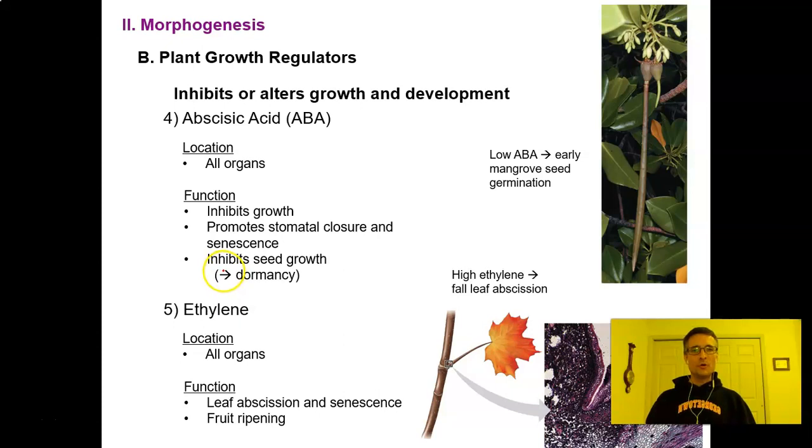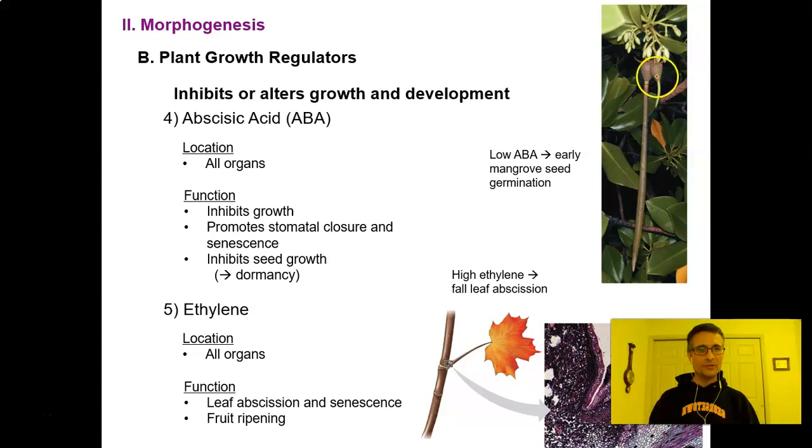An example of what this might look like in reverse, when we have low concentrations of abscisic acid, can be seen in mangrove seeds. Mangroves are trees that grow in the tropics. They grow in salt water, interestingly, and so their seeds are dispersed by waves. What happens in mangroves is their seeds usually start to germinate before they've even come off the tree. Here we see a couple of germinating mangrove seeds.